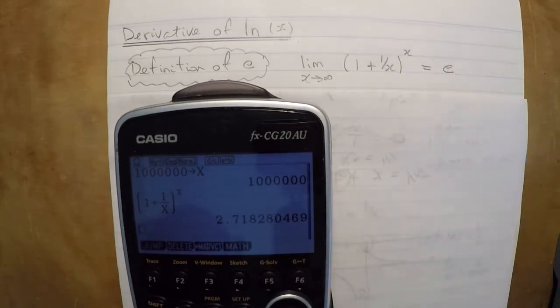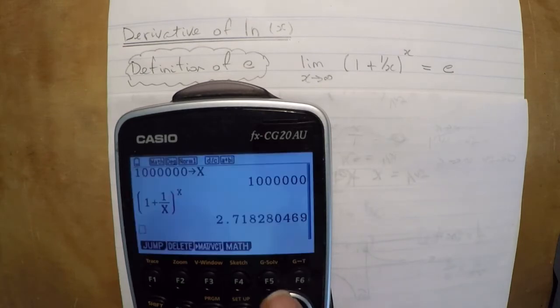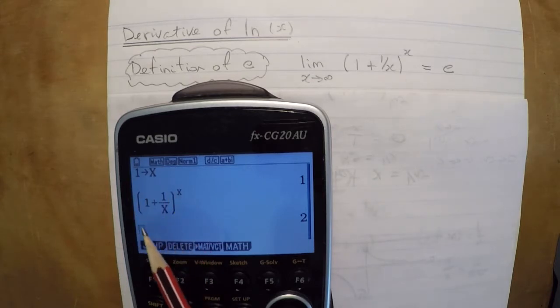Now, a quick little demonstration here on the calculator I hope will help to convince you that this is true. So let's imagine we set x equal to 1, and then we evaluate this. 1 over 1 is 1, so 1 plus 1 is 2, to the power of 1 is 2.